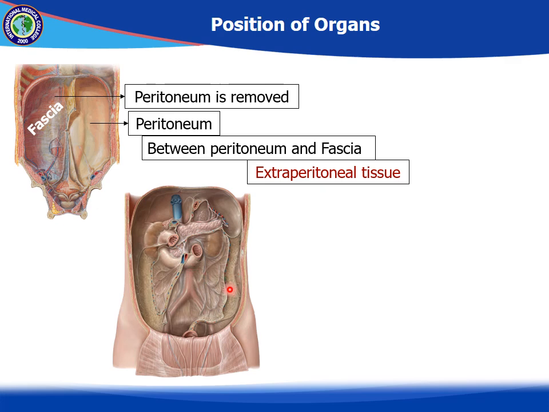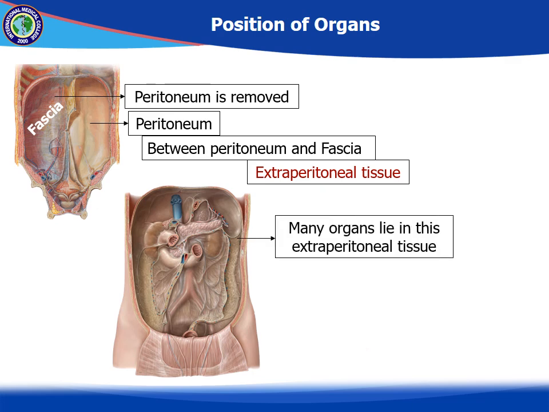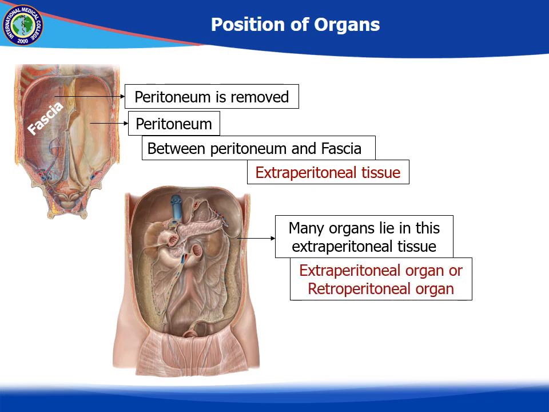So the peritoneum is there, behind it the extraperitoneal tissue and fat, and many organs lie in the extraperitoneal tissue. These are known as extraperitoneal or retroperitoneal organs. These organs lie directly on the posterior abdominal wall, behind the thin peritoneal sheet and in the extraperitoneal tissue or fat, and are the retroperitoneal or extraperitoneal organs.